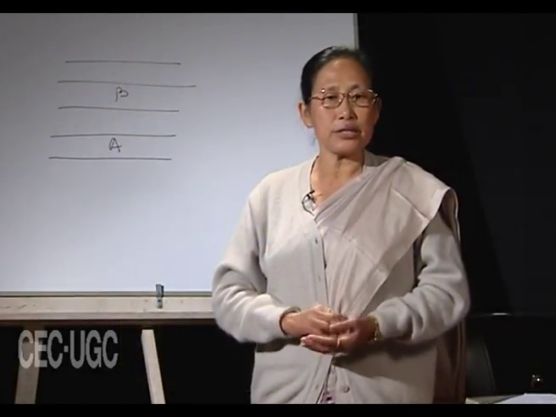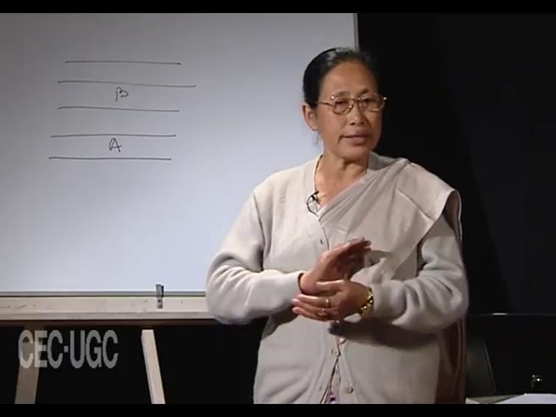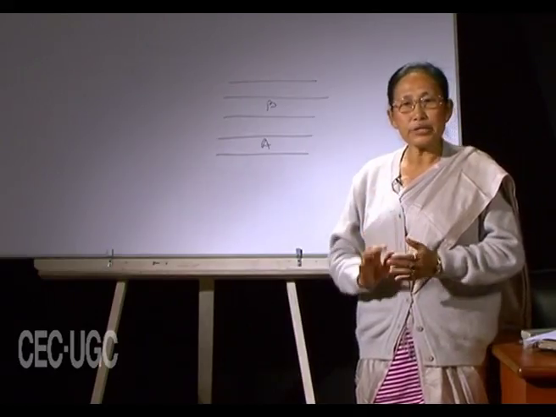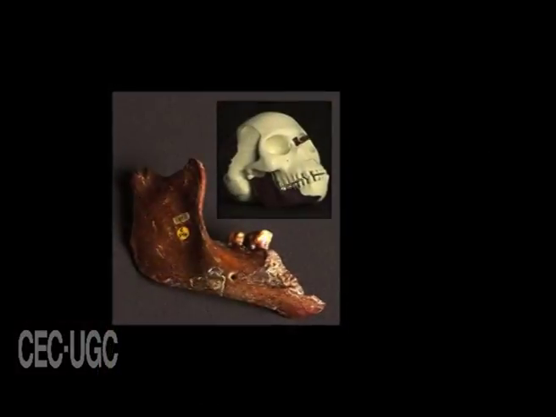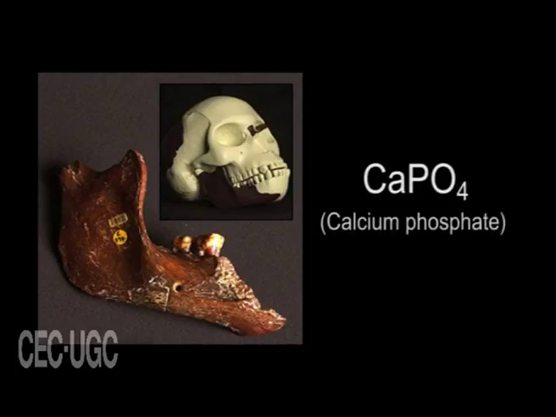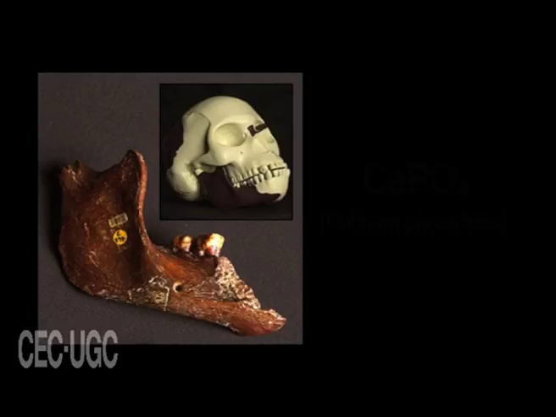The fluorine test is not isotopic and it does not measure elapsed time. It depends on the fact that bone and tooth, that is calcium phosphate, absorb fluorine dissolved in percolating water and form fluoroapatite compounds.